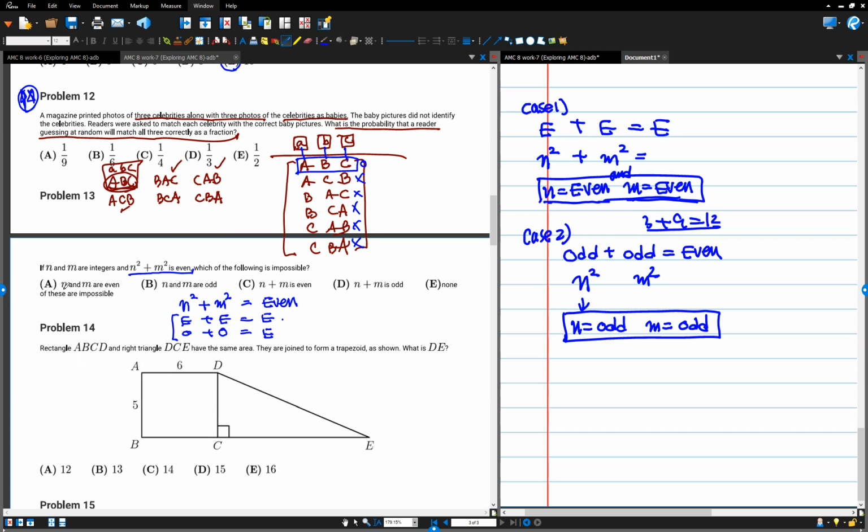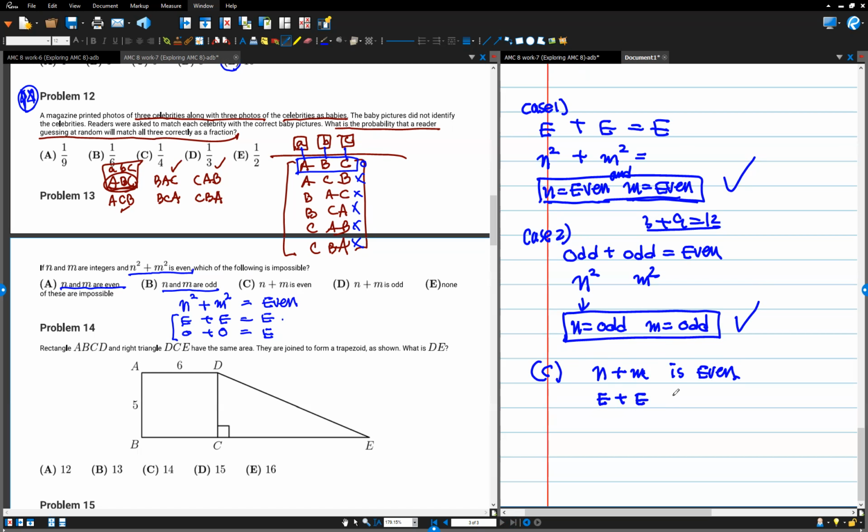Now take a look. N and M both even is possible, right? One is odd, one is even, that is not working. Both numbers even is okay. Both numbers odd is okay. But N plus M is even, what does that mean?